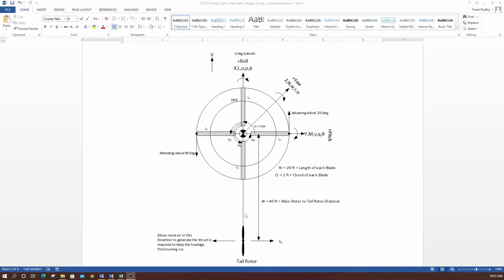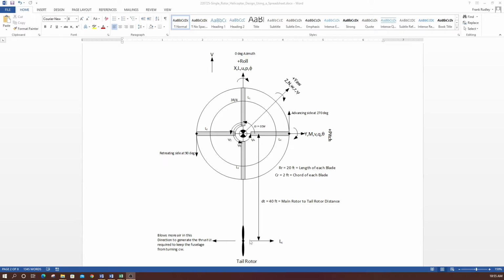So what's going to happen? The fuselage is going to tend to turn clockwise. So we generate a thrust in this direction by the tail rotor to pull the fuselage, to put a counter torque on the fuselage to stabilize this.